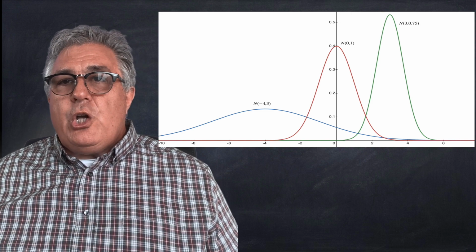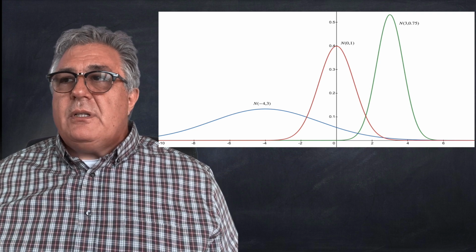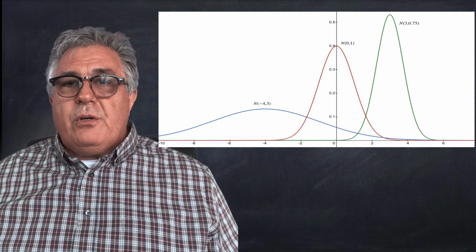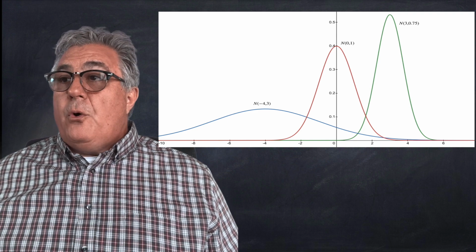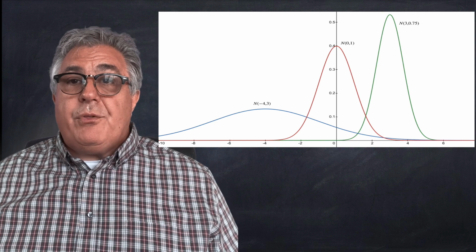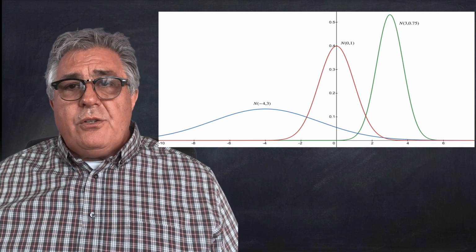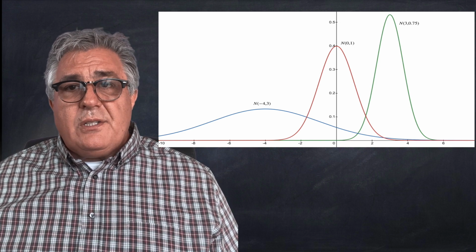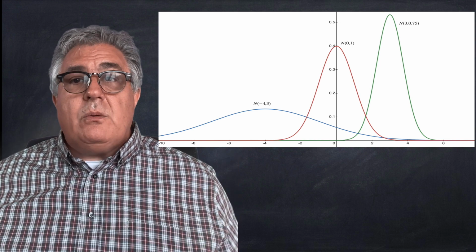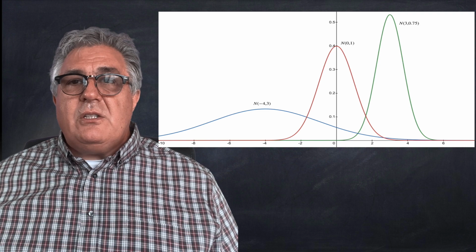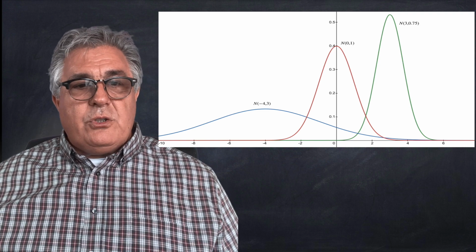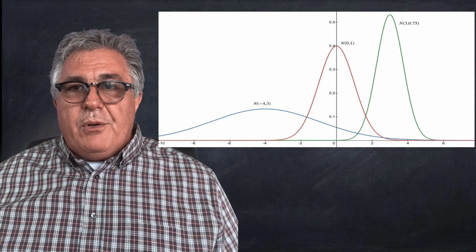As we take a look going from right to left, in this case, at the standard deviations, for the green curve we have 0.75, for the red curve we have 1, and for the blue curve we have 3. So as the standard deviation increases, we can see that the spread of these curves also increases. So the standard deviation sigma is also known and referred to as a shape parameter.